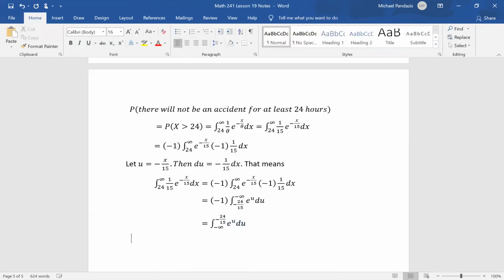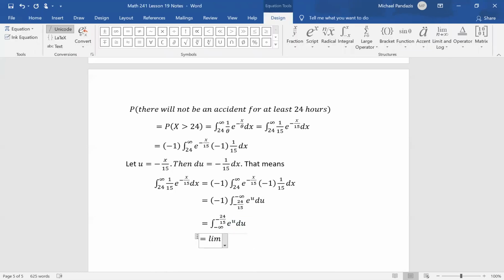Then this is equal to the limit as capital M approaches negative infinity of the definite integral from M to negative 24 over 15 of e to the u du.